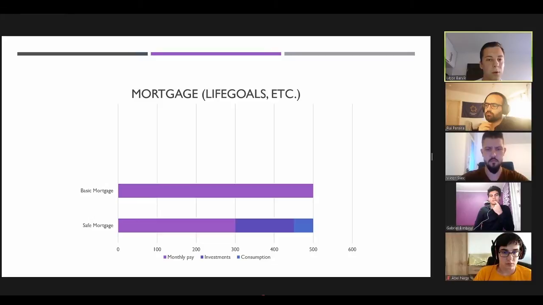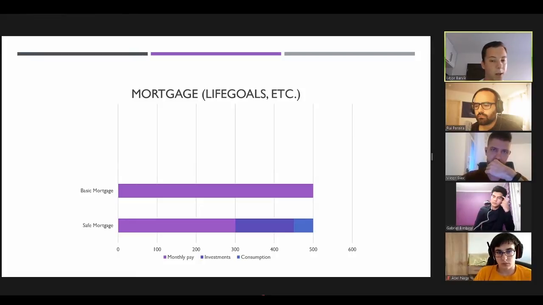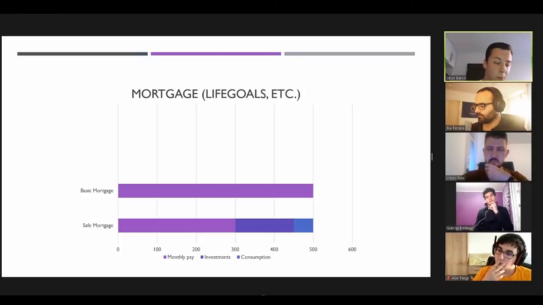Through the mortgage, I wanted to get to life goals, because when you're thinking about a mortgage, you have to think in advance. For example, I am 21 years old, and when I did the financial analysis with my friend, he asked me about my life goals. For example, when do you expect to buy a new car?